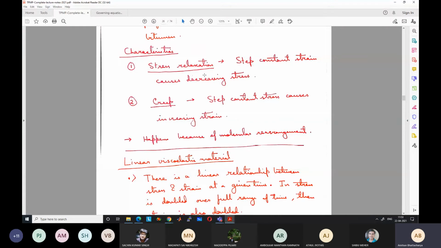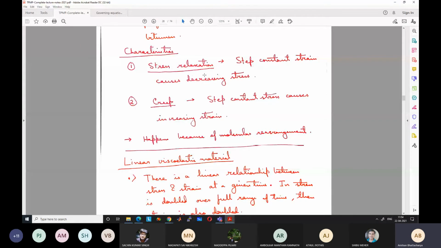Similarly, the second property is known as creep. Again, if you put a constant force F on the spring, it will elongate by a constant length x, where F is equal to k into x.